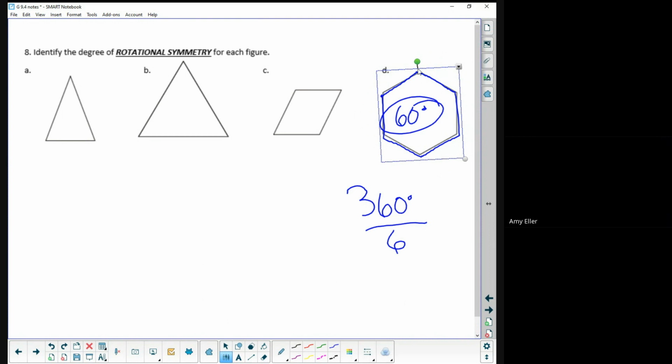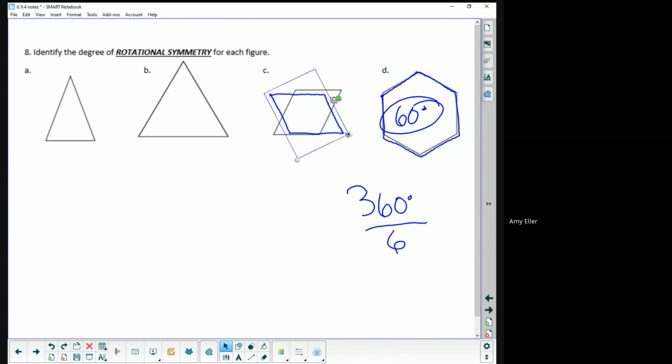Now, some people say, oh, it has 6 sides, so it's always going to be 6. That's not true. It has 6 lines of symmetry, so divide by 6. That's not always true. Let's look at this next one. Okay, watch as I rotate it.